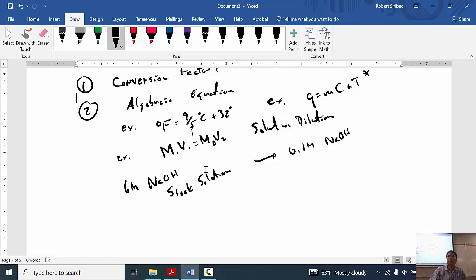And so how do we do it? Well, we could take our entire 6 molar stock solution and dilute it to 0.1 molar, but we don't want to because we don't need that much. How much 0.1 molar sodium hydroxide do we need for this lab?